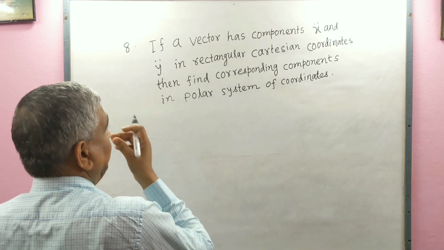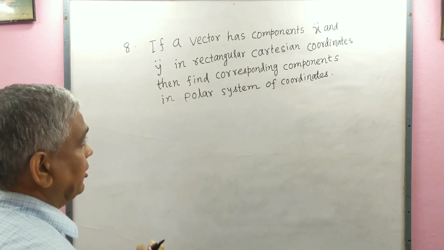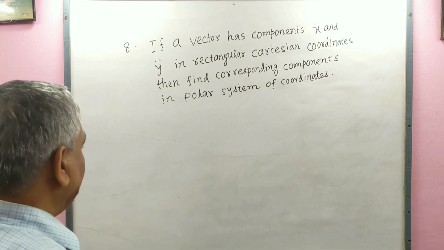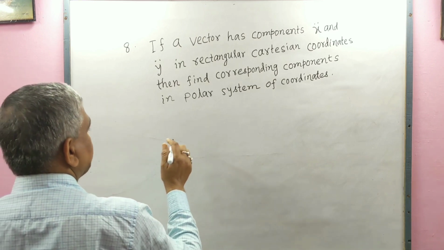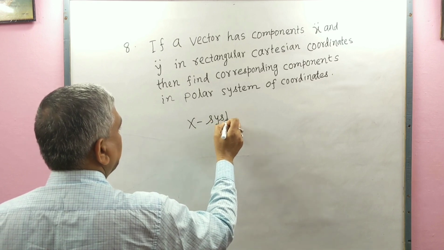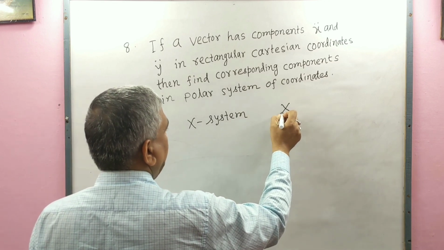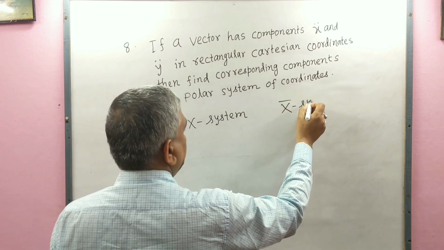Here, there are two systems of coordinates, Cartesian system and polar system. We generally consider the Cartesian system as the x system of coordinates and the polar system as the x bar system of coordinates.